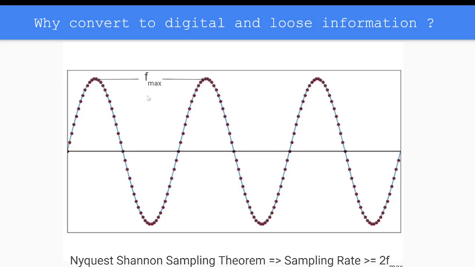So let's say this periodic signal has a frequency f max. As long as we sample this signal at a sampling rate which is twice the maximum frequency in the signal, we are not losing information. So that's a very important point to understand.